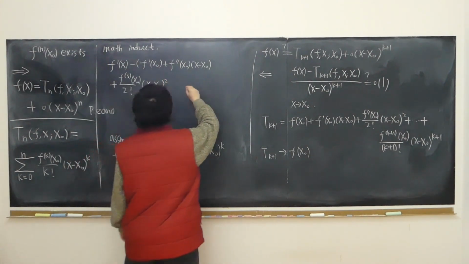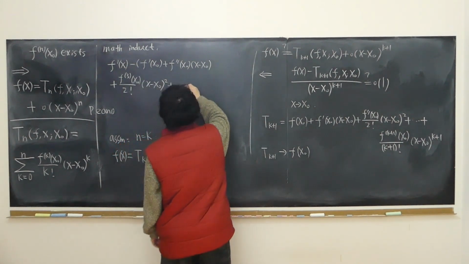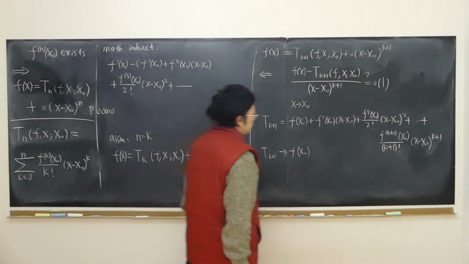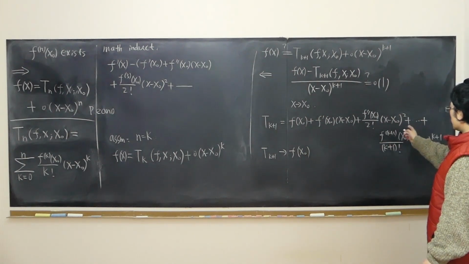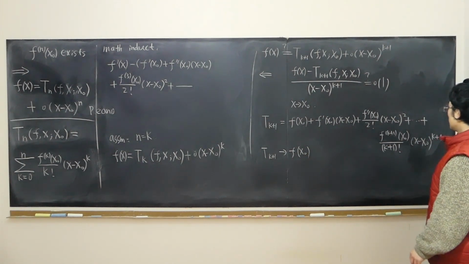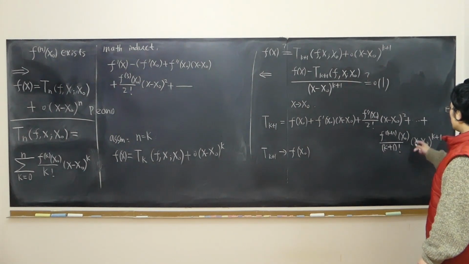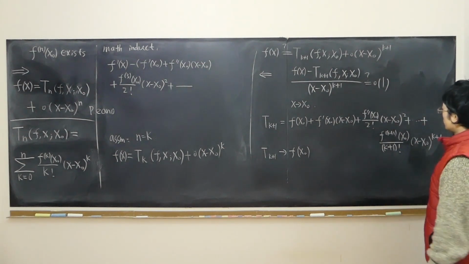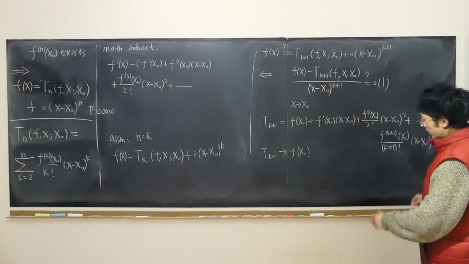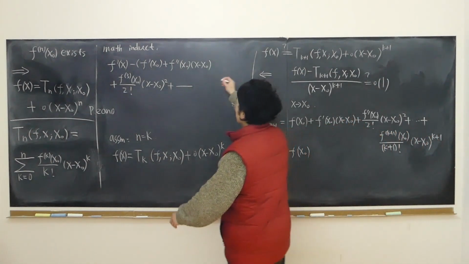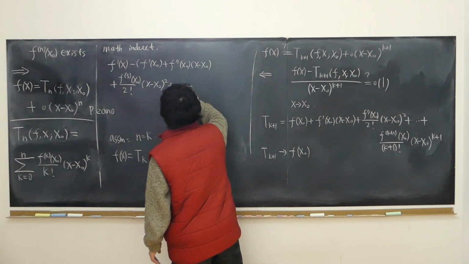Perhaps let's just write one more term. Next term is, imagine the bottom has 4 factorial, right? And (x minus x naught) to the power of 4, and take down the 4. 4 factorial, 4, cancel, simplify down to 3 factorial at the bottom, right?